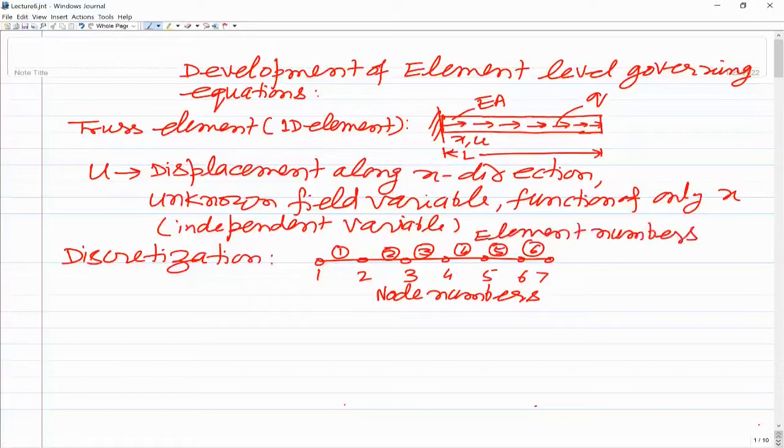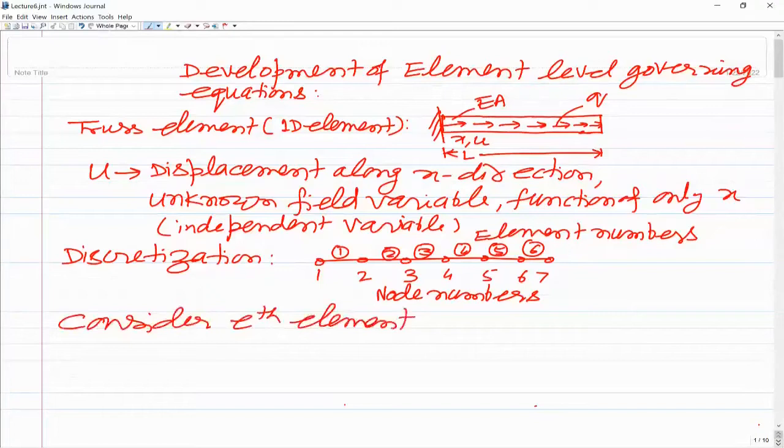Now we want to develop the element level governing equation, so we consider only one particular element. Right now, as I have shown, there are 6 elements. Say we consider the eth element, where e can be 1 2 3 4 5 6. For this element, let me draw the free body diagram. This is the element.